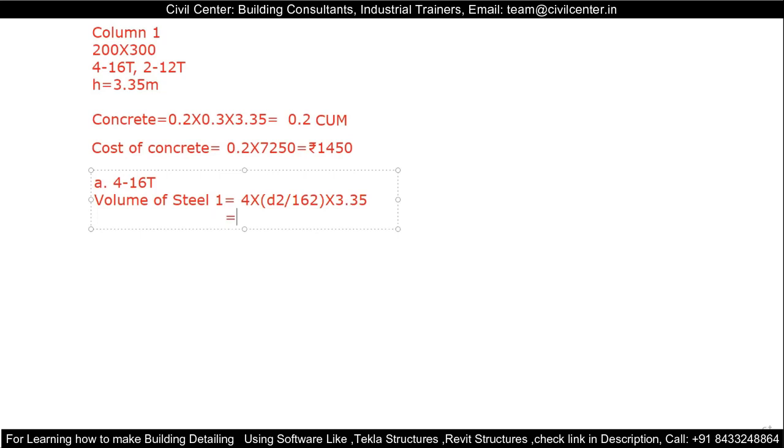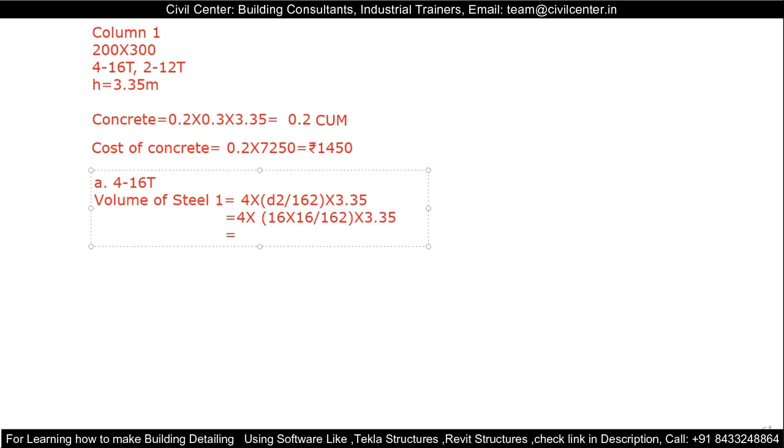So that will be 4 multiplied by d square, that is 16 into 16. So that is coming 16 into 16 divided by 162, and that is multiplied by 3.35. Okay, then we will get a volume.